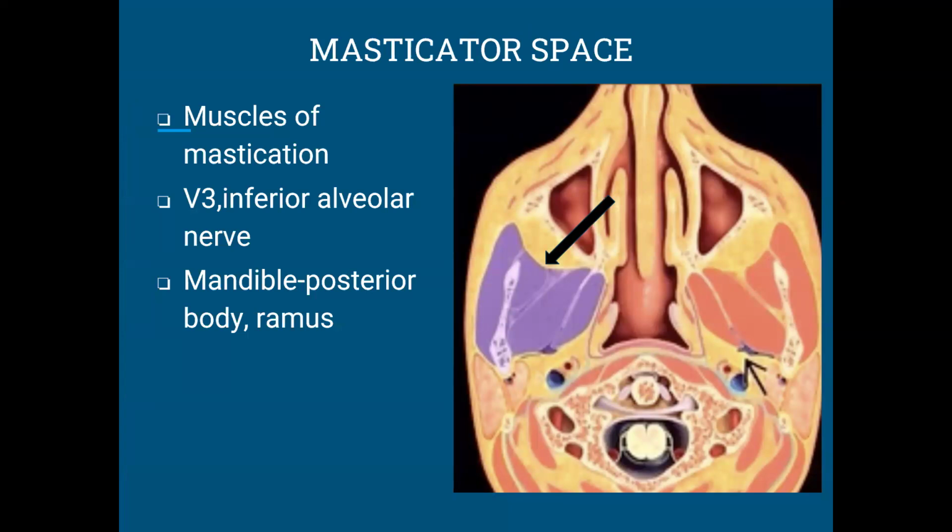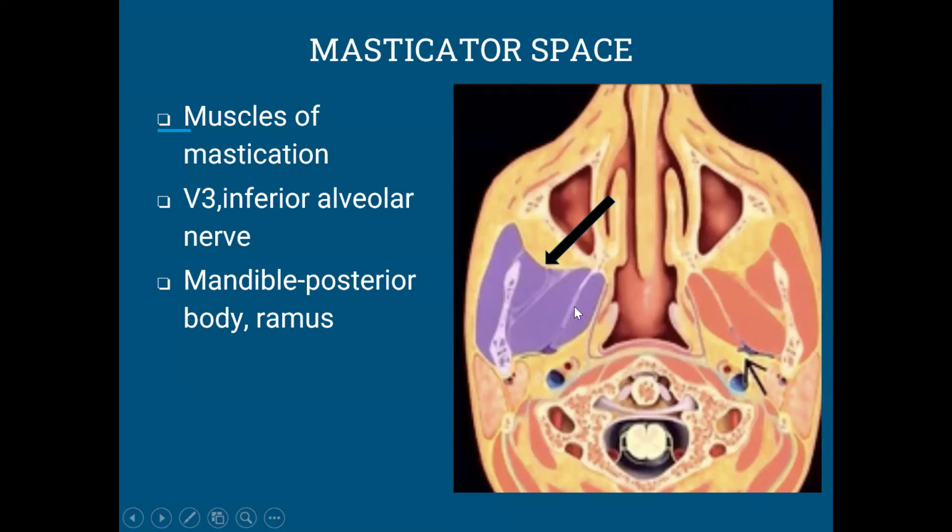So starting with the suprahyoid neck spaces, we start with the masticator space. In this diagram, this is the masticator space, located laterally, and the contents of this space include our muscles of mastication, that is the masseter muscle, temporalis, and the lateral and the medial pterygoid muscles.